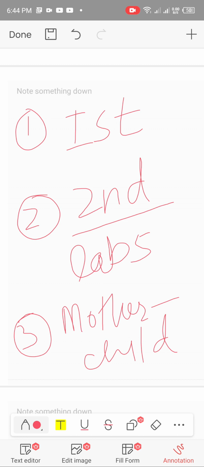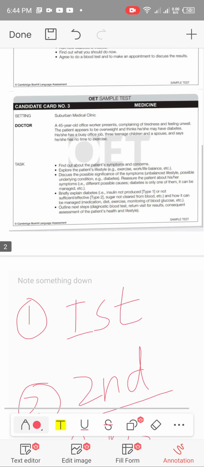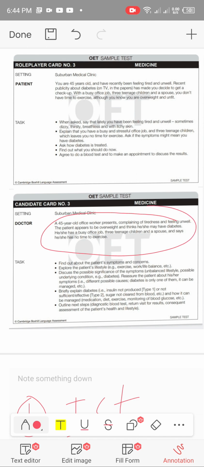So there are three types of cue cards. Let me tell you again. First one, the patient is coming to you for the first time. The second one is when he's coming to you for the second time. Like 2 days back, it's given in your instructions that 2 days back he came to you and was diagnosed with something like asthma, and now he is here with some concerns.